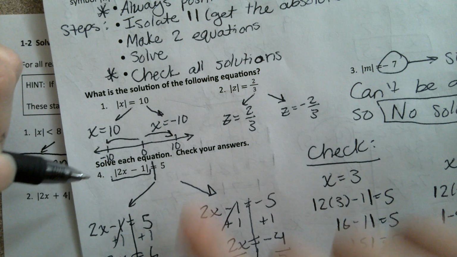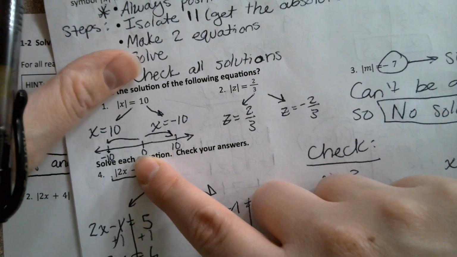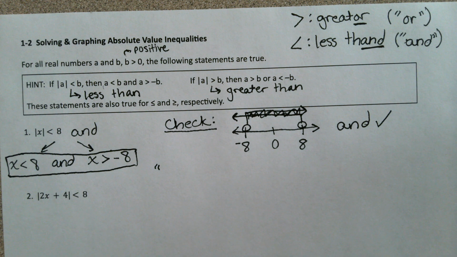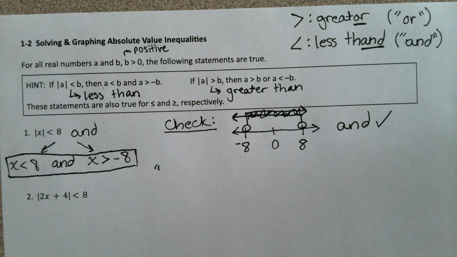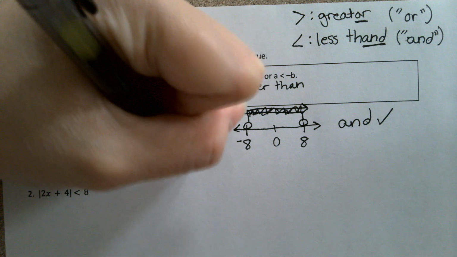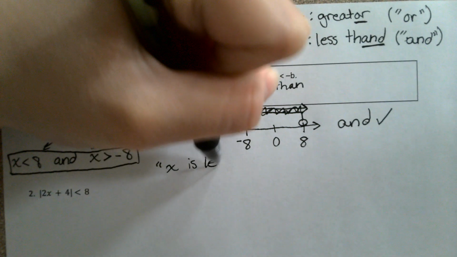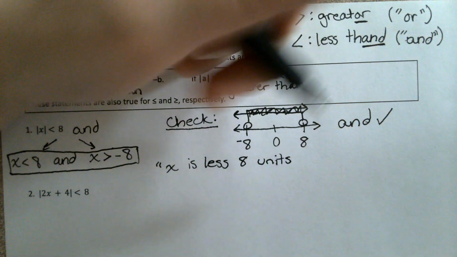So that means x either had to be negative 10 or 10 for it to be 10 from 0. Here we have a range of values because of the less than. So really what this is saying is that x is less than 8 units from 0.